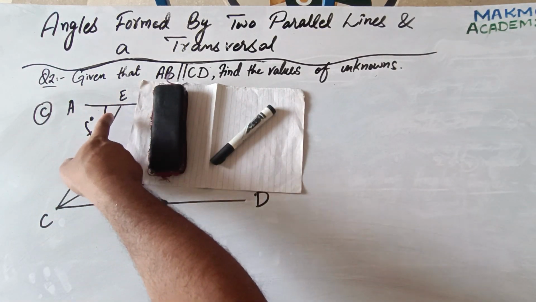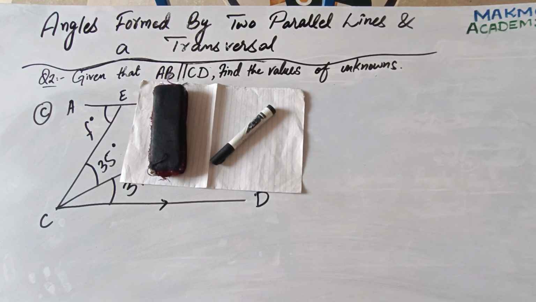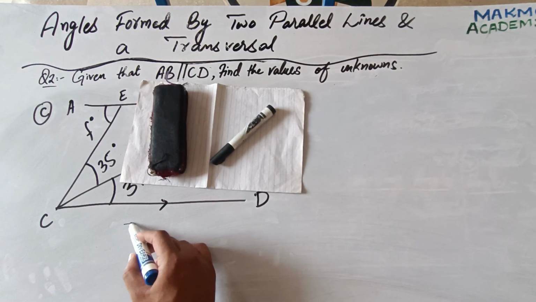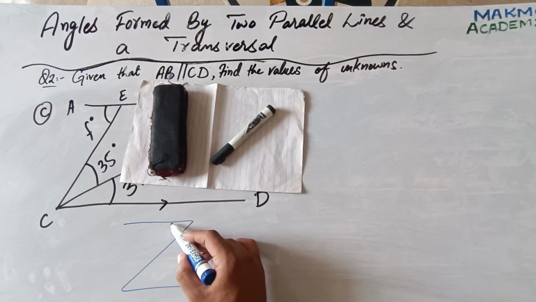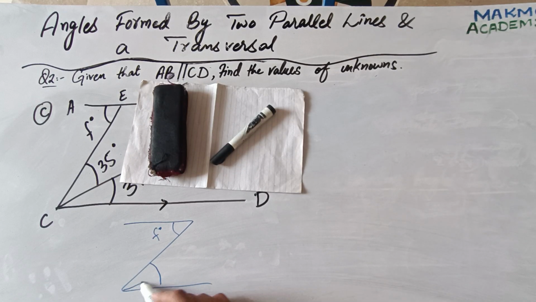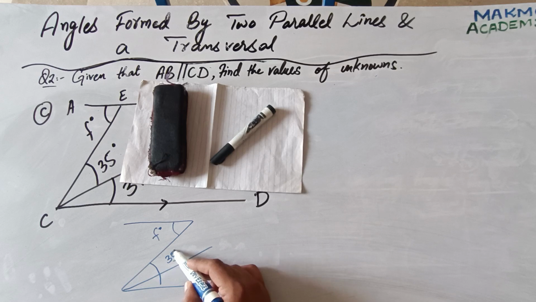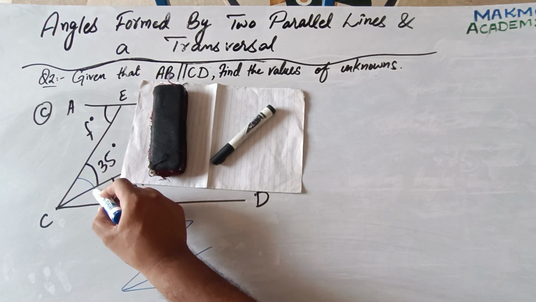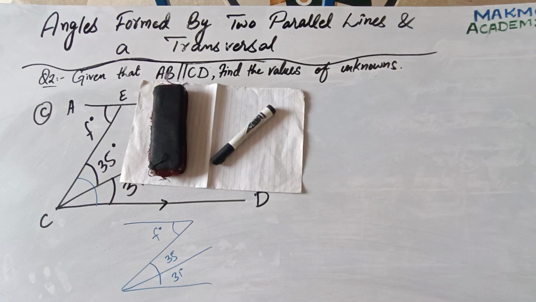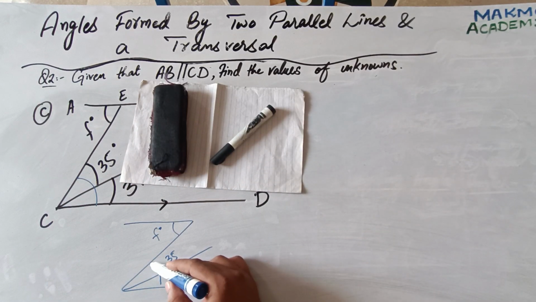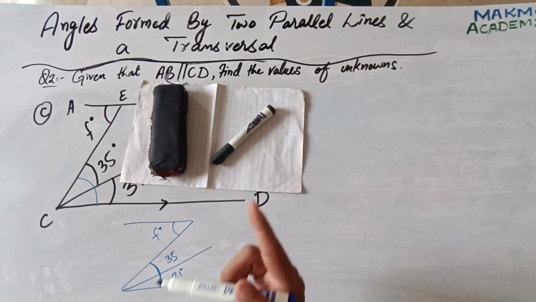Now you can see that there is a very clear letter Z forming. Can you see a letter Z? F is over here, and there are two angles under the arms of the letter F, 35 and 31. We will consider this complete angle under the arms of the letter Z as a whole angle.